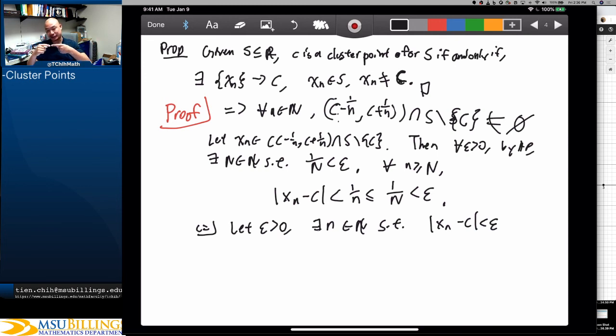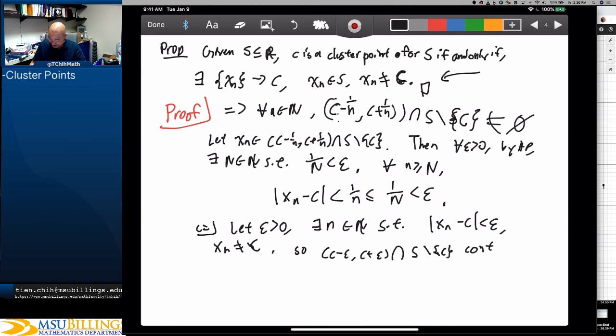If these xn's are actually converging to C. And then we also know that xn isn't C itself. That's part of our hypothesis here, right? So if I take (C minus epsilon, C plus epsilon), intersect it with S and delete C from all of that, that contains x sub n. So it's not empty, so C is a cluster point.